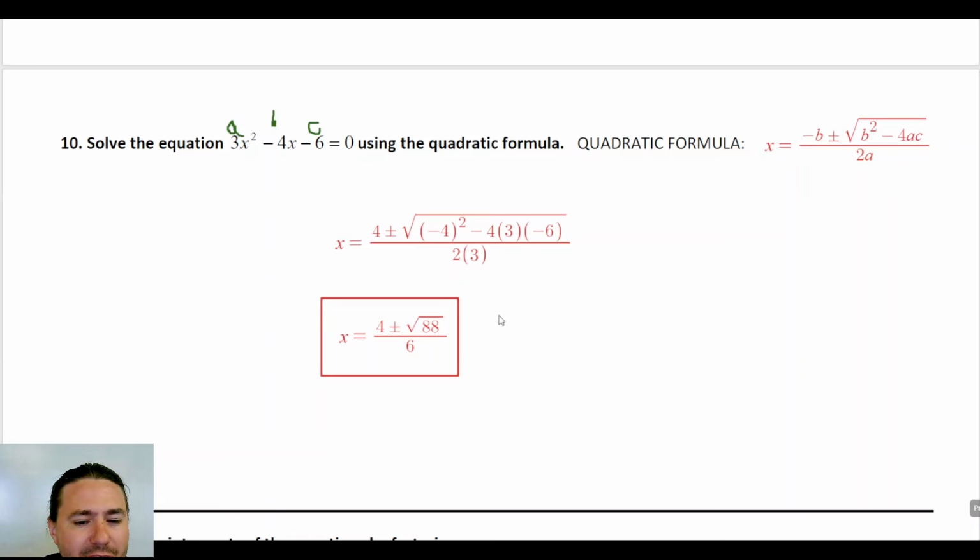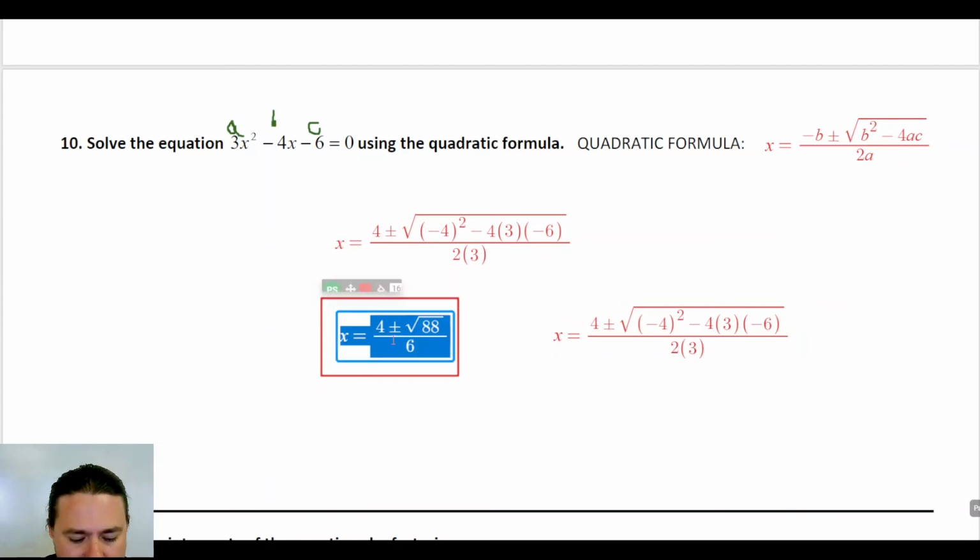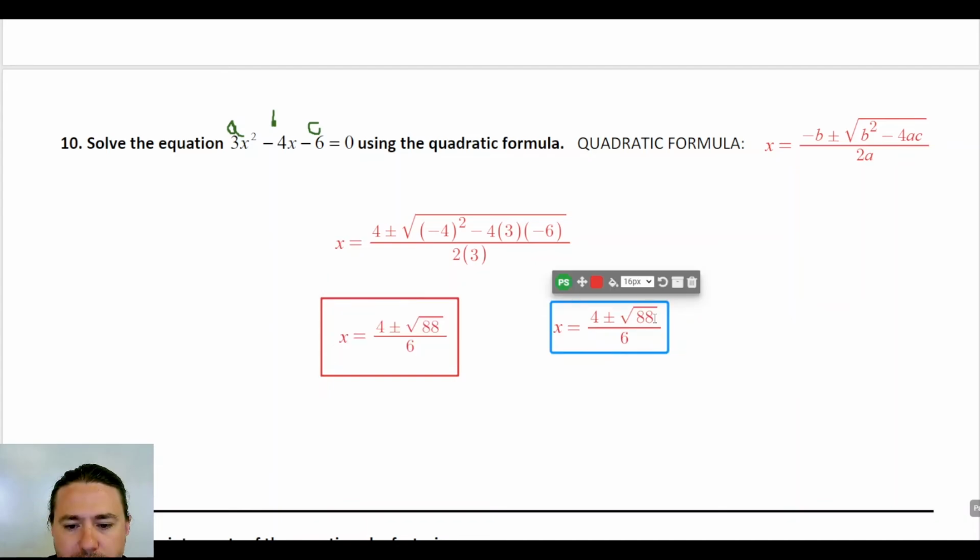Now this is like a multiple choice item. You might see this square root simplified out, and so I'm okay with you leaving your answer like this personally. But if you get a multiple choice item and this is simplified, what we can do is divide out a 4 out of this and get 2.